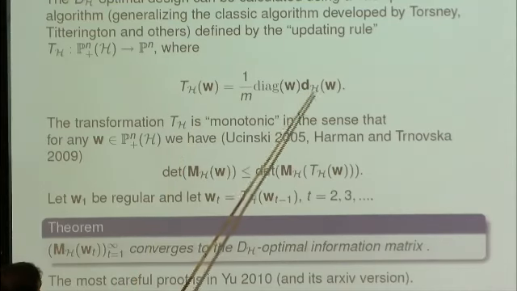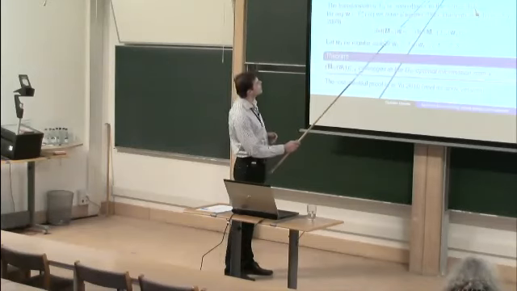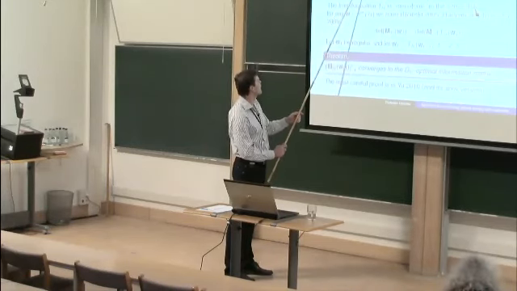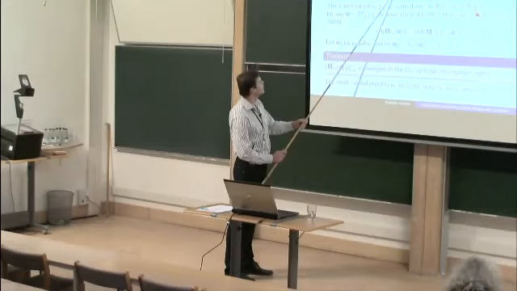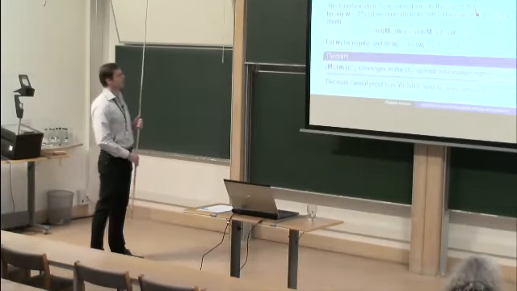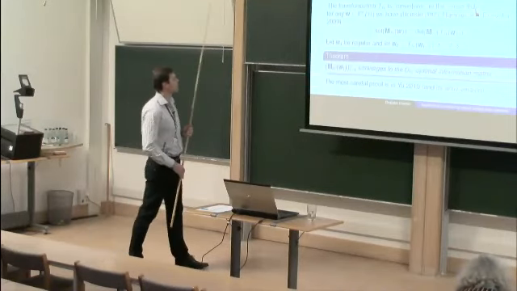It's not completely obvious immediately, but it can be shown that this transformation operates on the space of designs. That is, if the argument is one design, then the result is again a proper design, a proper vector of design weights.